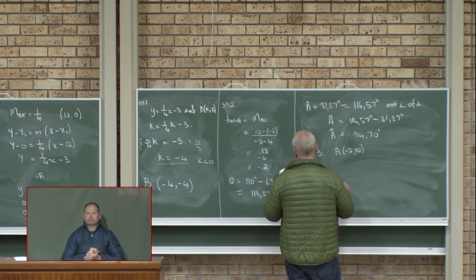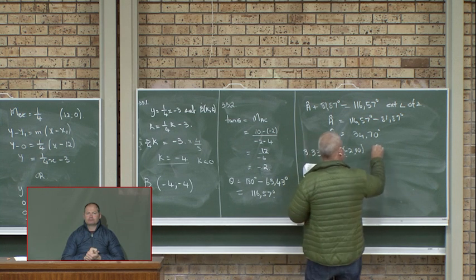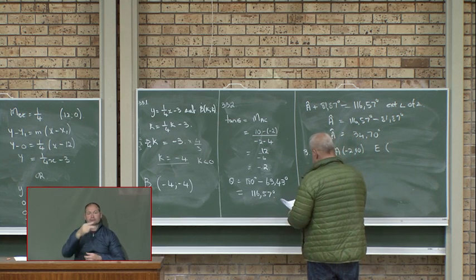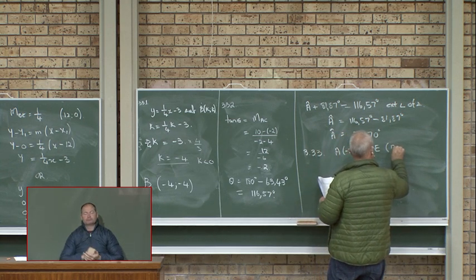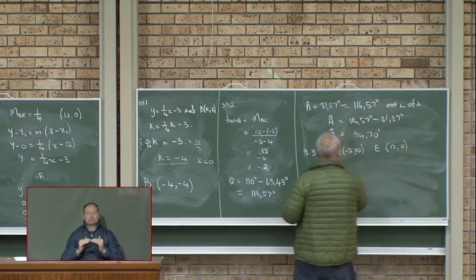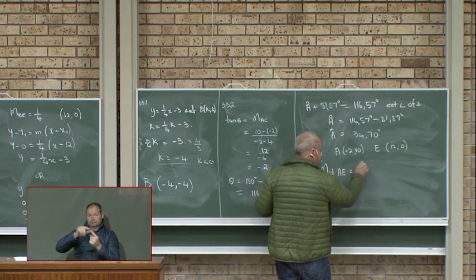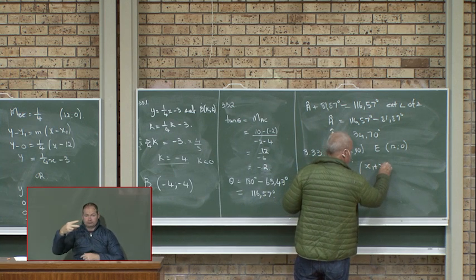And we know that E's coordinates are (12, 0). So the midpoint of AE is given by the midpoint formula.